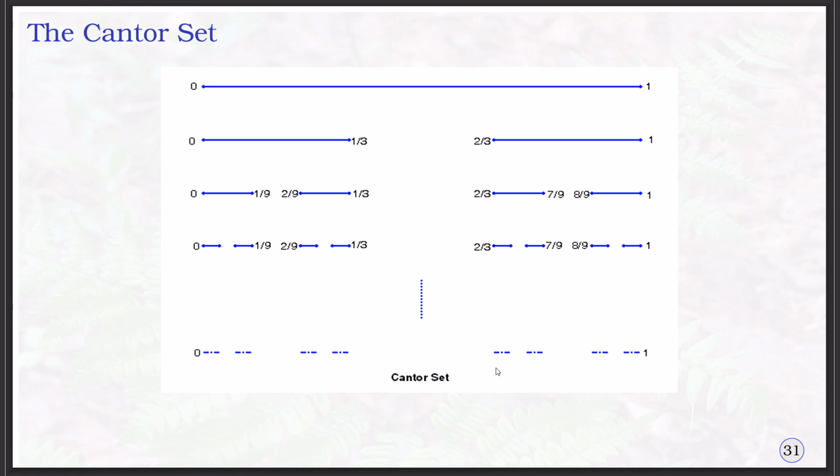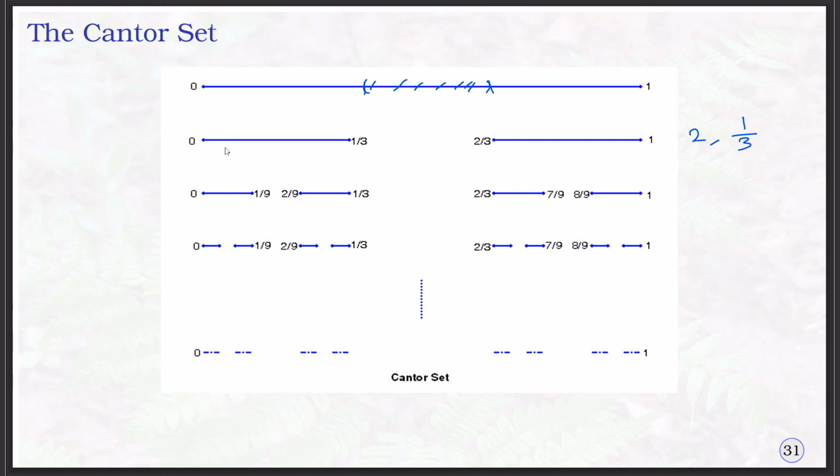Now, one can observe that in [0, 1] we are dividing into 3 equal parts and removing the middle open interval. After the first iteration we have 2 intervals of size 1/3.